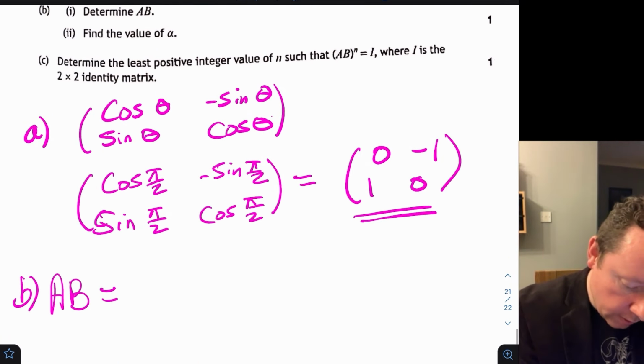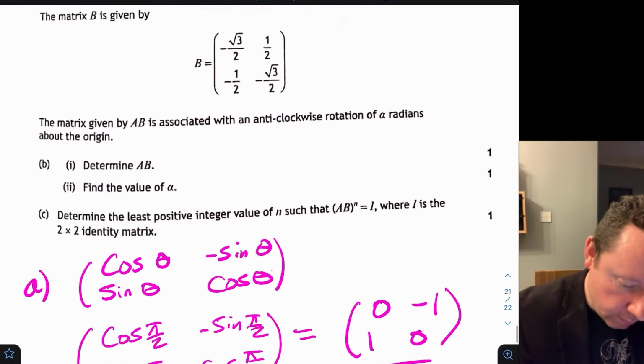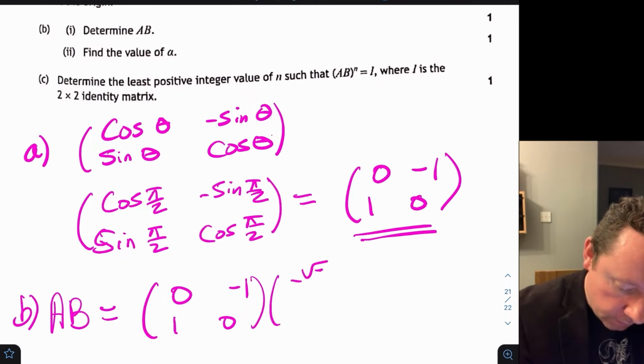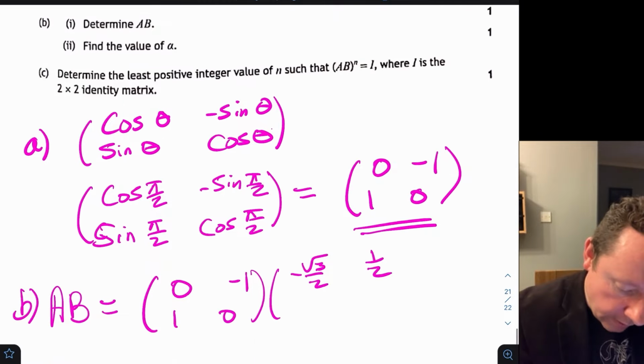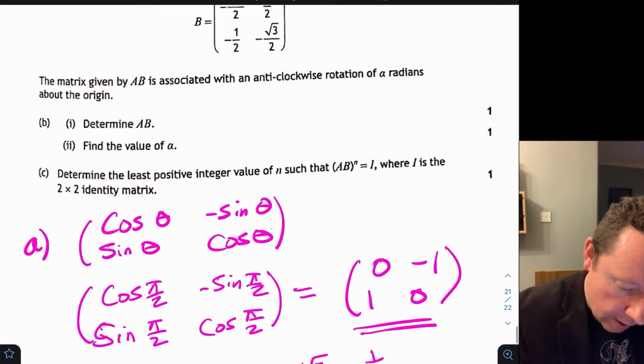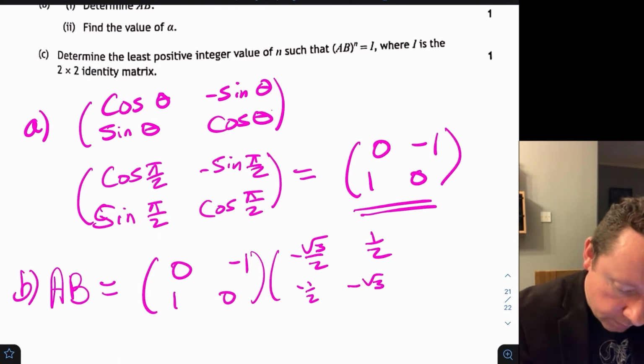0 minus 1, 1, 0 times our matrix minus root 3 over 2, a half, minus a half, and minus root 3 over 2.